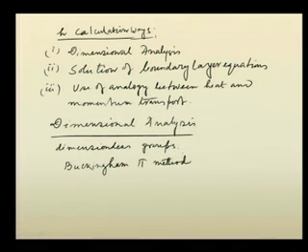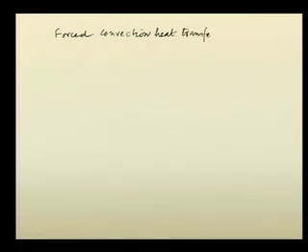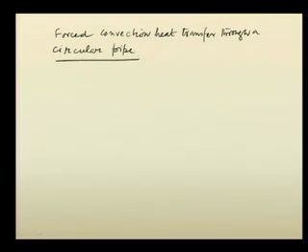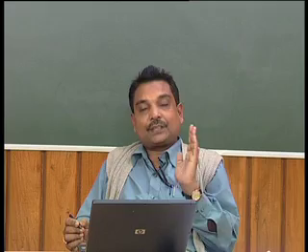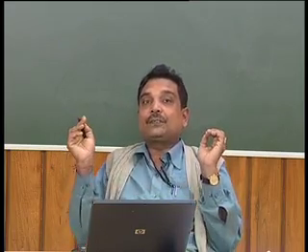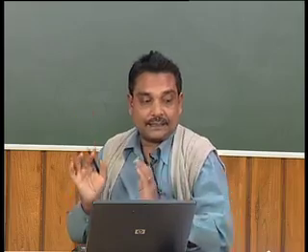To start with, we will take up the case of forced convection heat transfer, say through a pipe, through a circular pipe. We will first see forced convection heat transfer through a circular pipe, then we will see some dimensional analysis in the case of a free convection heat transfer problem.